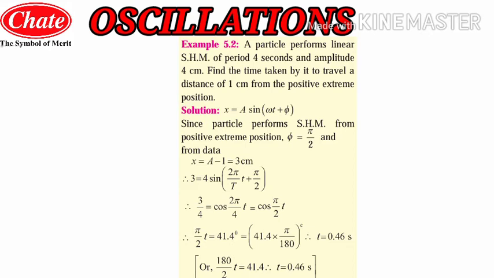Now students, you can see, from the log table, the value of T is given, it is 4 seconds. So by this calculation you will get the value of 41.4 degrees. Okay, and this degree, if you want to convert into radians, then you have to just multiply by π/180. Then you will get t = 0.46 seconds. So this is the example we have seen.